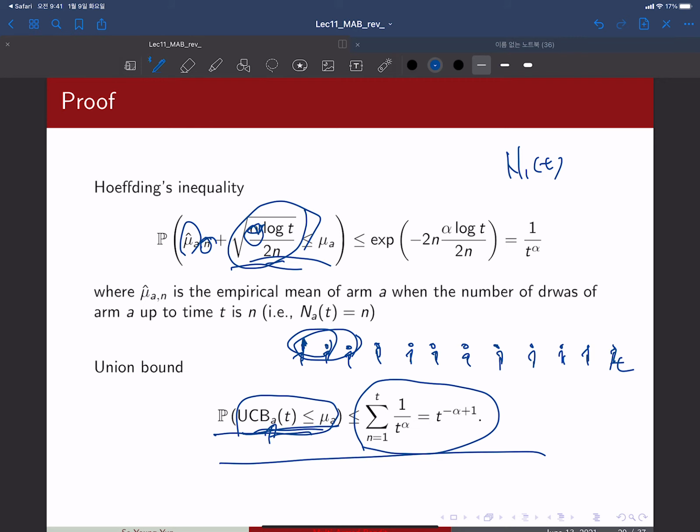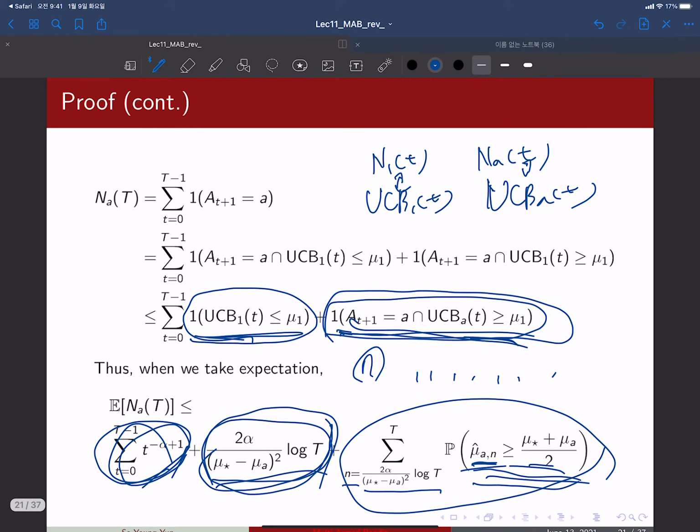But at the same time, when you increase alpha, you will have a more well-concentrated concentration inequality. So the decreasing speed of this probability as n grows: here we increase n to capital T, and when you increase alpha, the probability will more rapidly converge to zero.